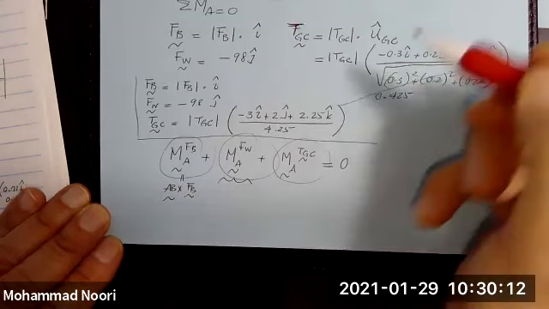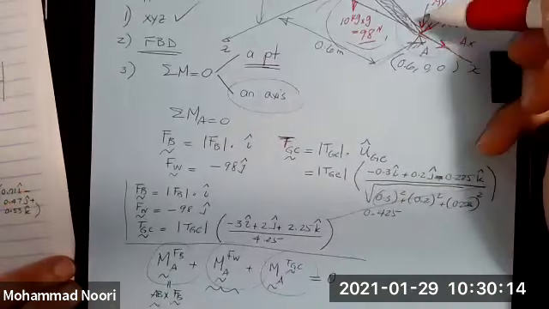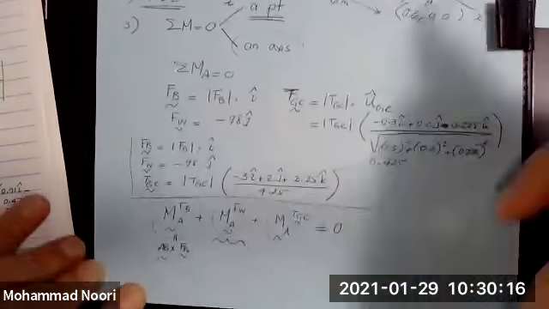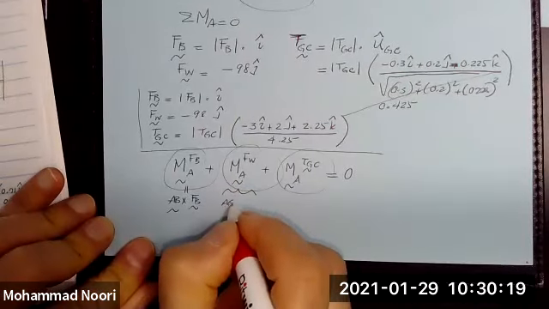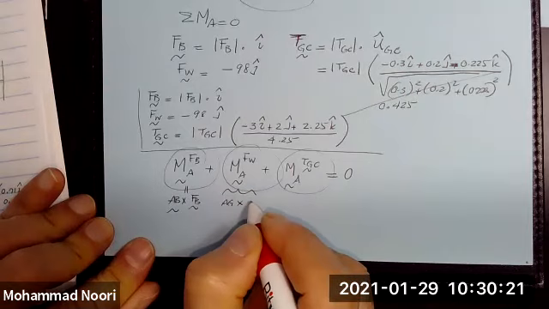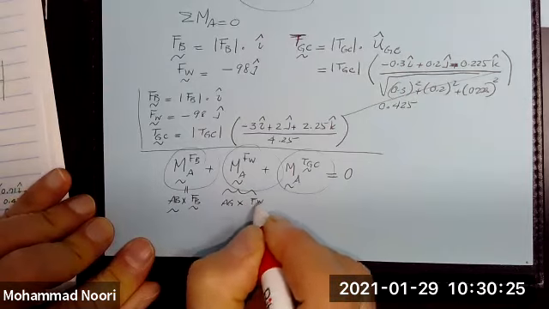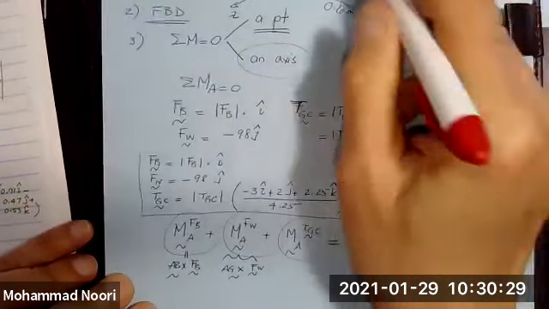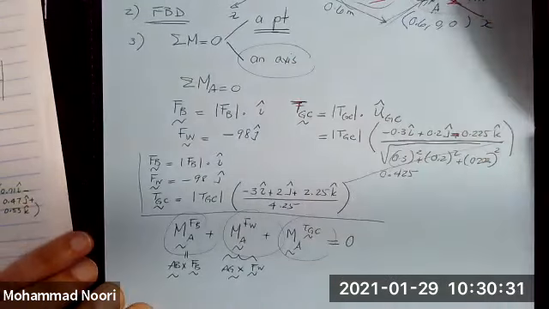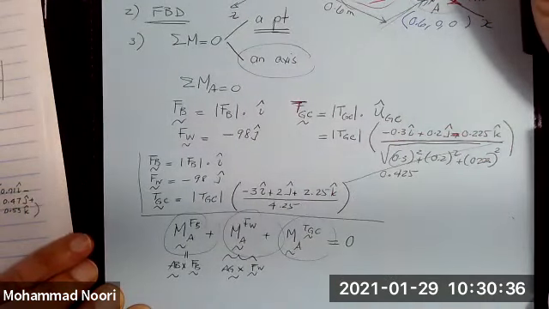This one for W would be this position vector, which is AG, cross FW, okay? And for GC would be also this same position vector. You can consider either this or this, whichever is easier.